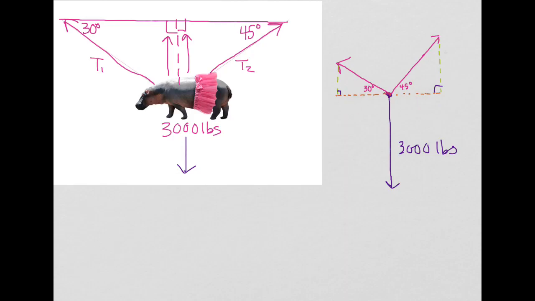Think back to geometry. Those two line segments have to be the same length. Well, that means in this 45, 45, 90 triangle, the two legs of the triangle are congruent.